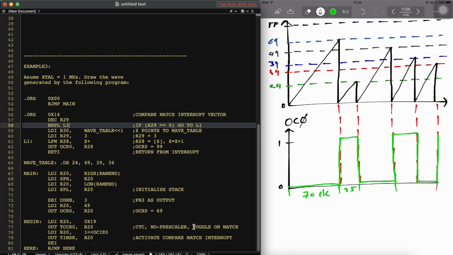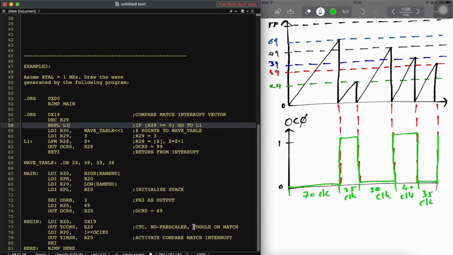This part is 50 clocks, and then we have got 40 clocks, and we have got 35 clocks, and this is actually going to repeat.